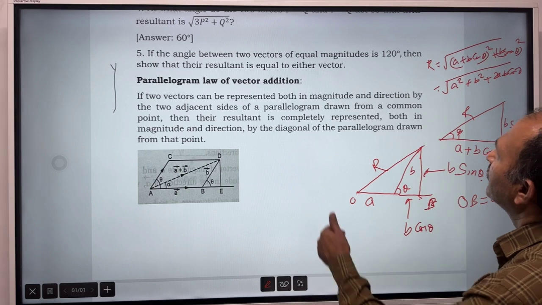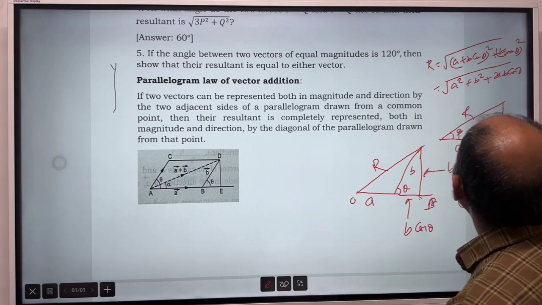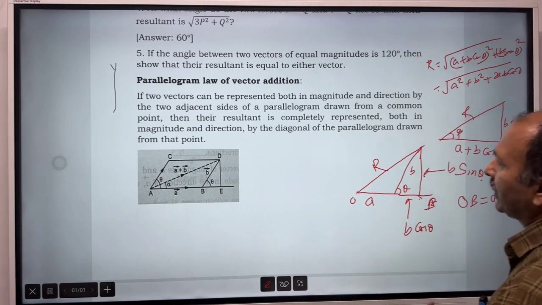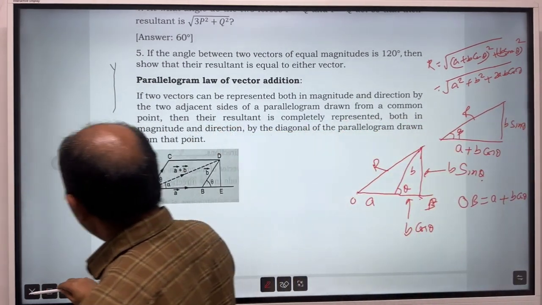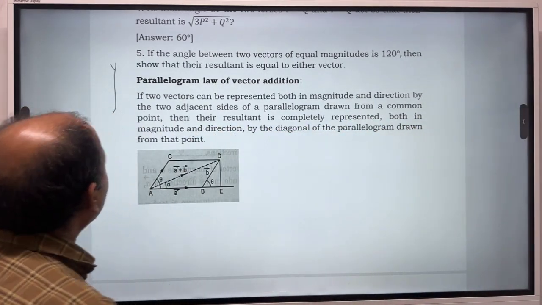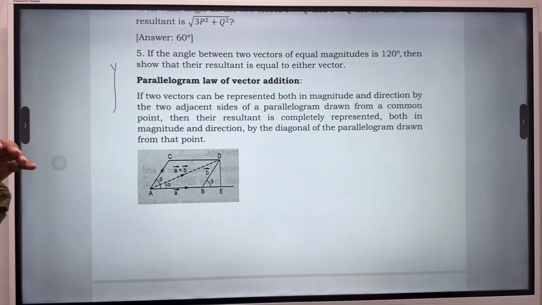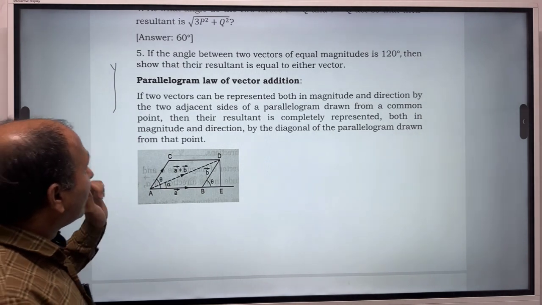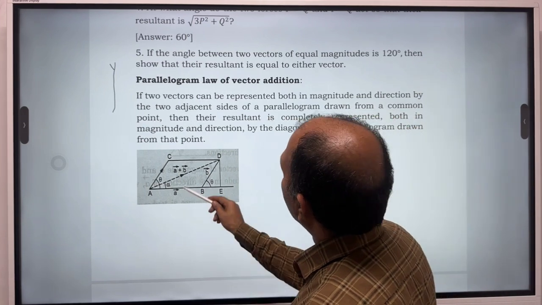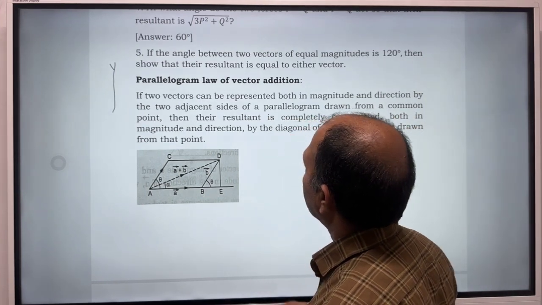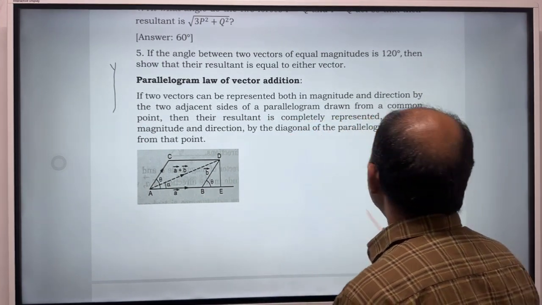So this is the formula that we have used in the previous problem also. But in order to recall its derivation, I have done it again. Now what we can do, we can recall the same concept while using the parallelogram law of vector addition. So it is simple.